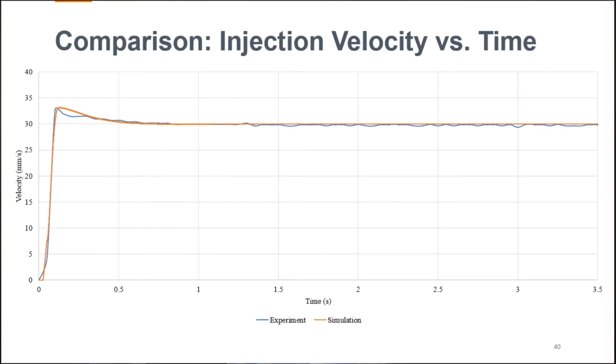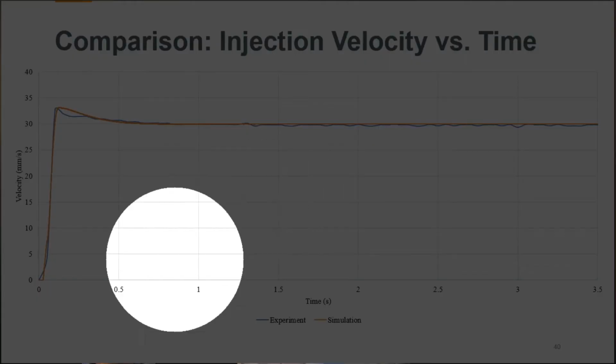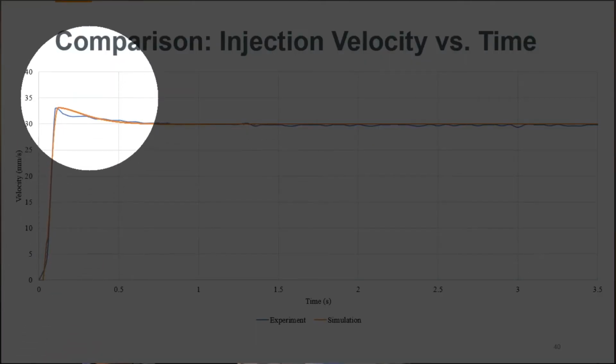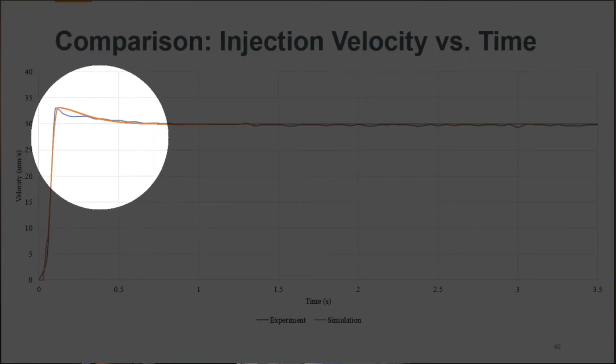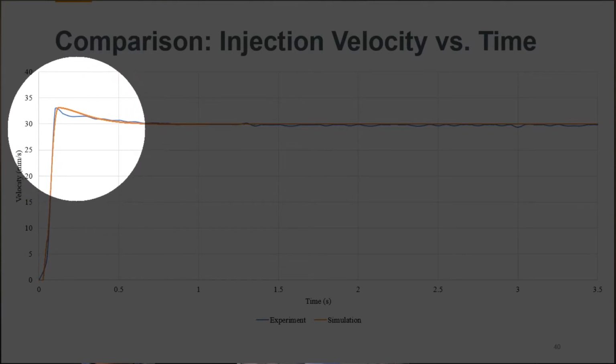So the blue curve is the experimental result, and the orange one is our simulation. As you can see, when we look at the injection velocity versus time, we successfully capture the response time and the machine behavior that it exceeds the user setting, which is 30 millimeter per second.